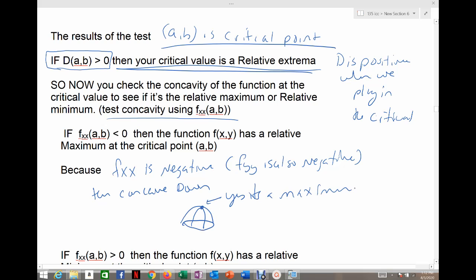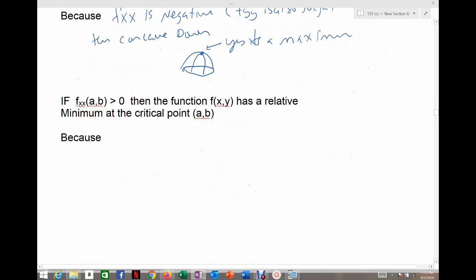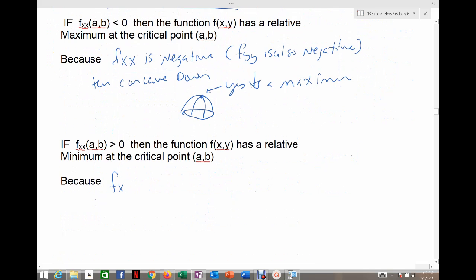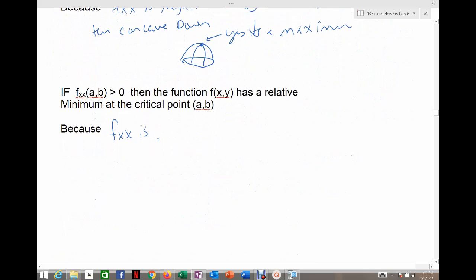This still has to be true: my D formula has to come out positive. But then I plug it into my second derivative with respect to x. If the other outcome happens, and the second derivative with respect to x is positive, coincidentally, so is the second derivative with respect to y.